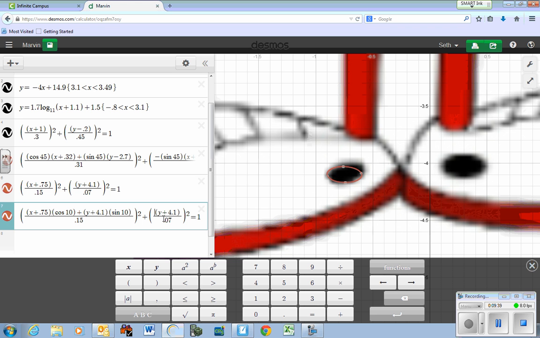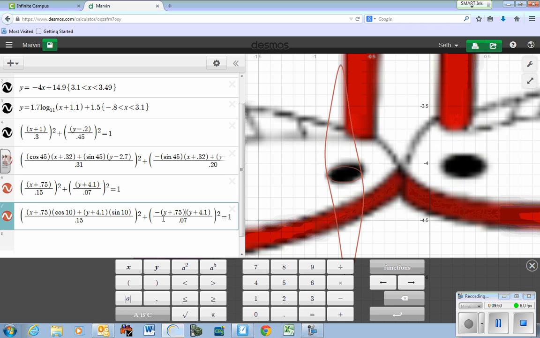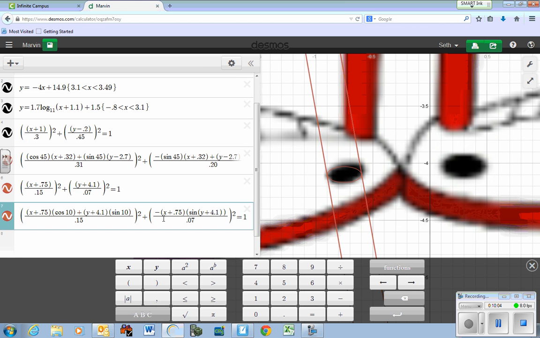So let's do negative x, but there's the x plus 0.75 again. And what's really cool is if you notice the graph as I make these changes, it produces some really cool, funky looking graphs. So there's negative x times sine of 10 degrees plus y cosine 10.